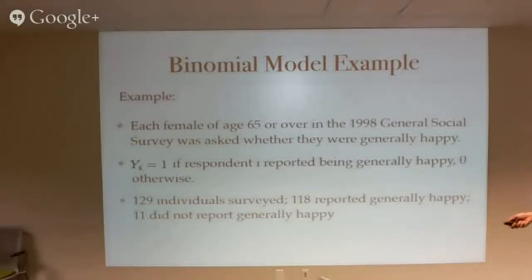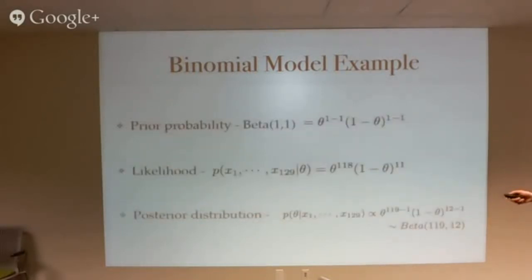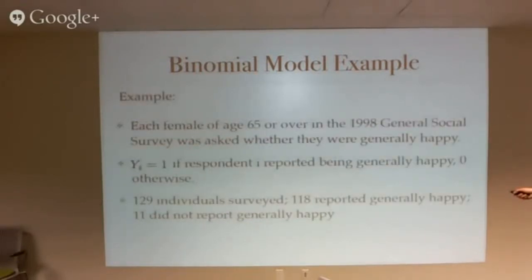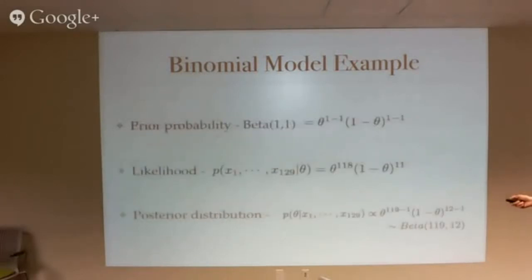So we can see the model looks like this. This is beta, a is equal to 1 and b is equal to 1, and this is the uniform distribution. For the likelihood, we plug in the data because the success we're interested in is 118, and 1 minus theta, which is not happy, is 11 people.